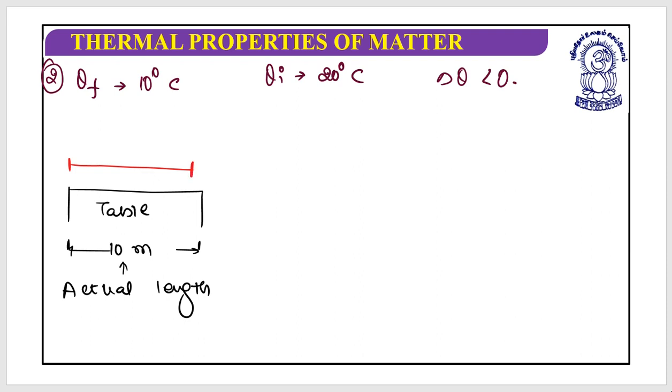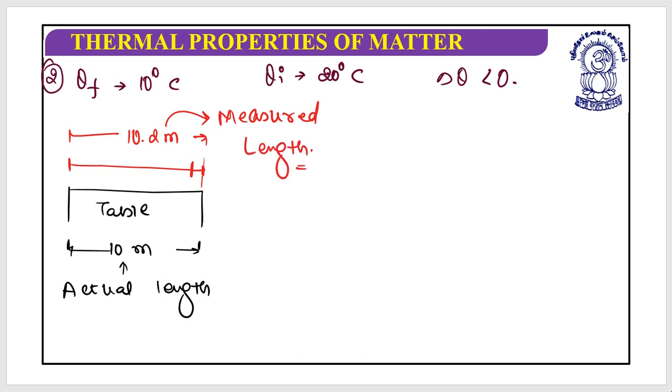For the scale, this is 10 meter and this is the addition of this. Let's call it 10.2 meter. So this is the measured length, and this was the actual length.